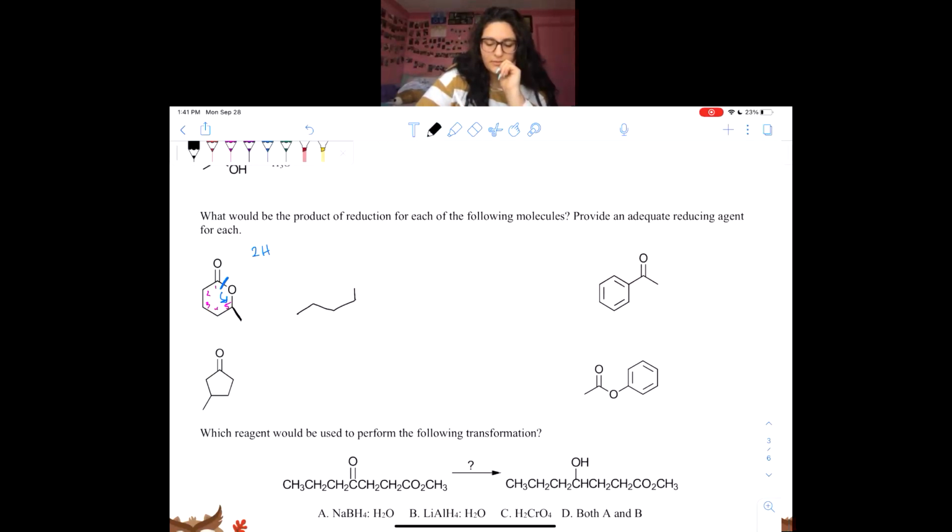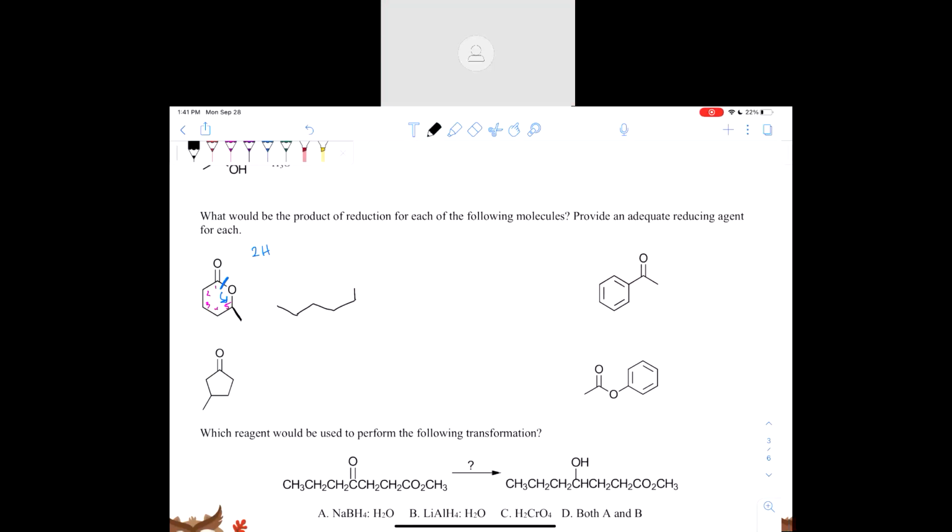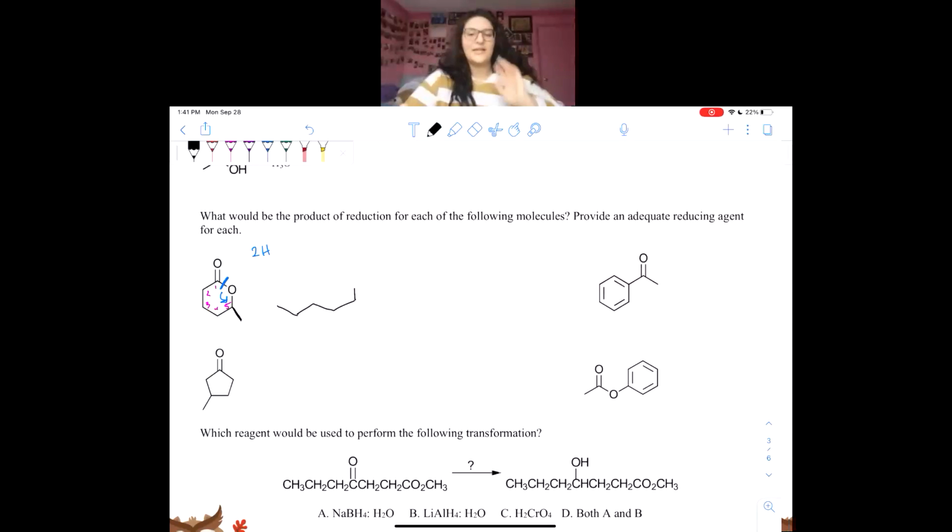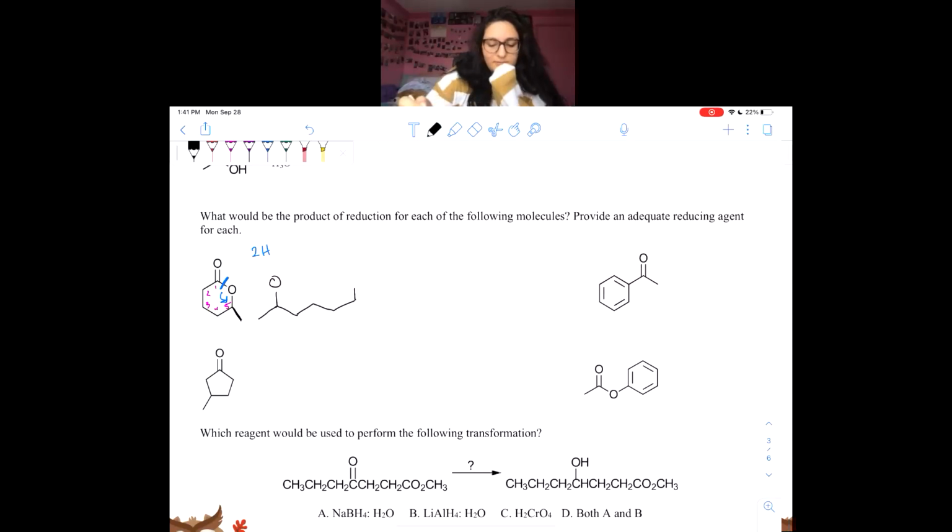1, 2, 3, 4. So we're going to need a strong nucleophile, like a hydrogen delivery reagent. Yes. But it doesn't really matter what we're using because I just want you guys to be able to see starting material, final product for this case. But you're totally correct. So on carbon 5, we have a methyl and an oxygen.